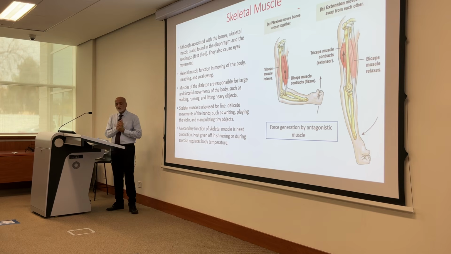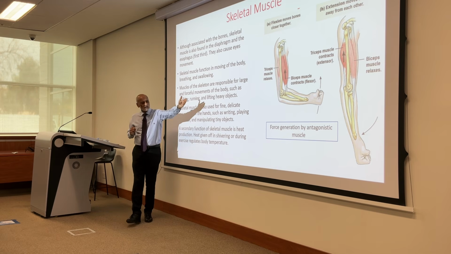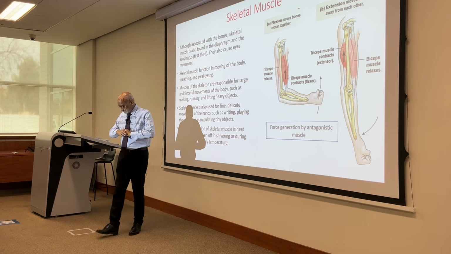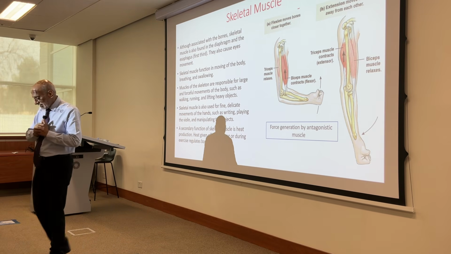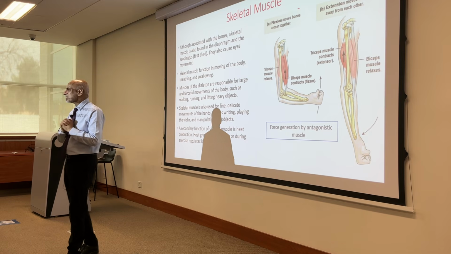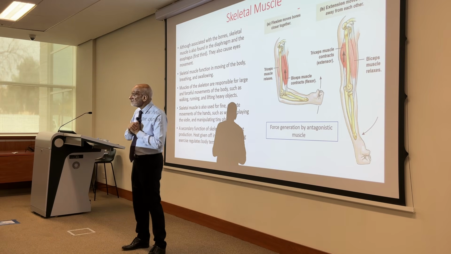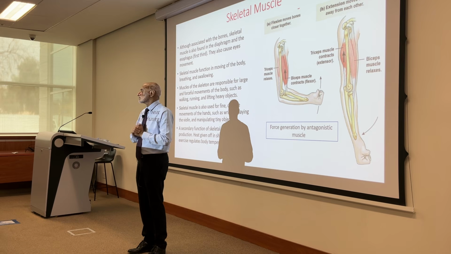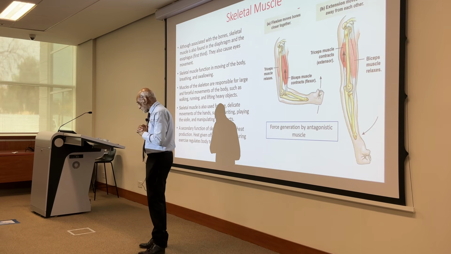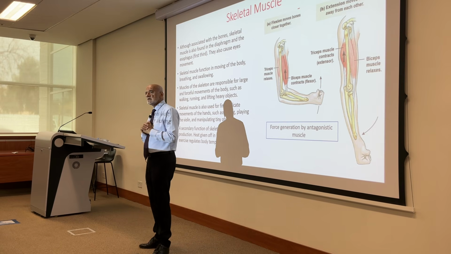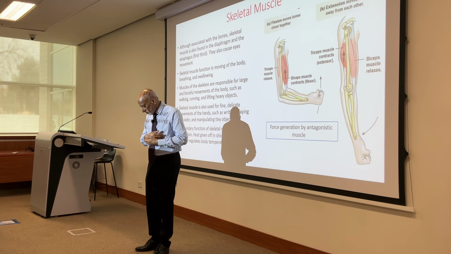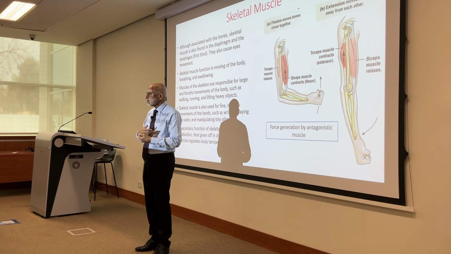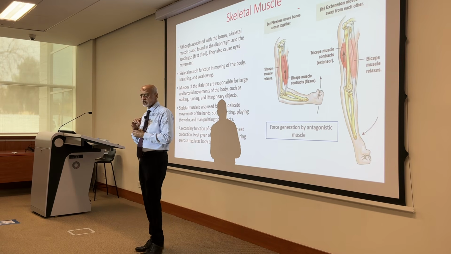One last function of these skeletal muscles, apart from the movement at a joint, is this: because you're requiring ATP to bring about contraction, that means you can generate that ATP in the mitochondria. But you should know that the production of ATP also gives you a lot of heat, okay? Because if you take a molecule of glucose, it's only about 40 to 60% efficient in generating ATP.